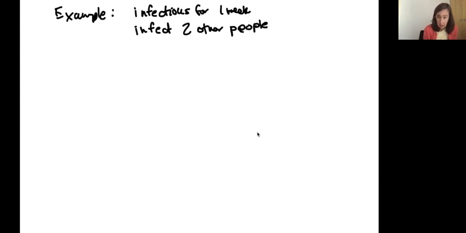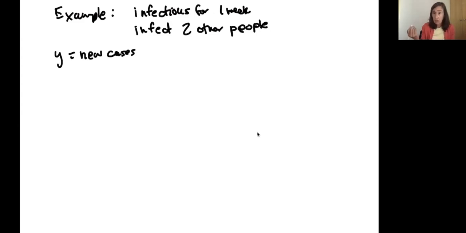So let's think about now the number of cases, the number of new cases in each week. And y is a function of time. A lot of the time when we're working with exponential functions, the argument, the domain variable, the independent variable is naturally a time type of application.